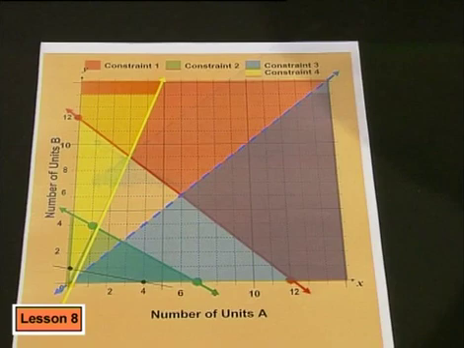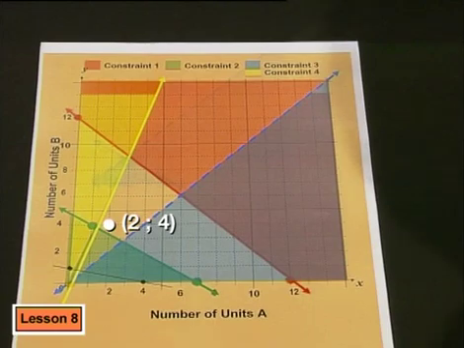If we keep going, we get to this point, 2, 4. It looks like this is the first possible solution on our search line. This is the smallest possible combination of x and y in the feasible region. So we have minimized the value of x plus 4y at this point.